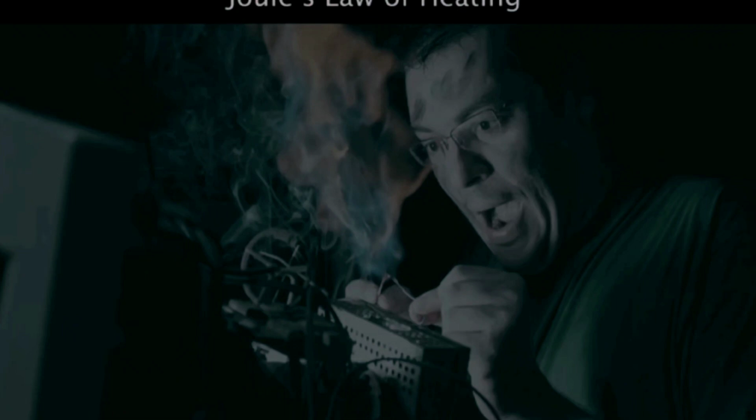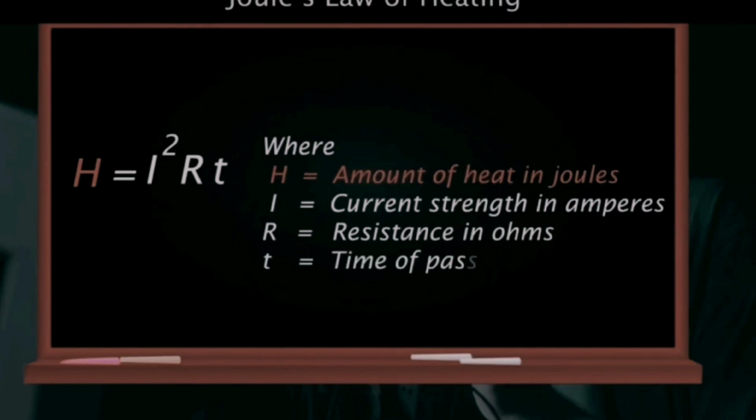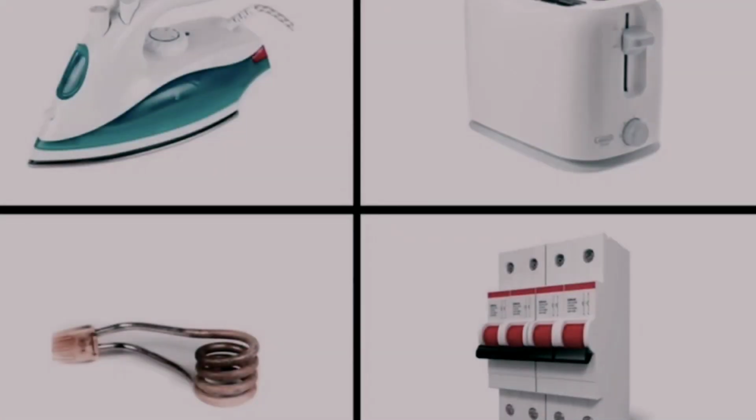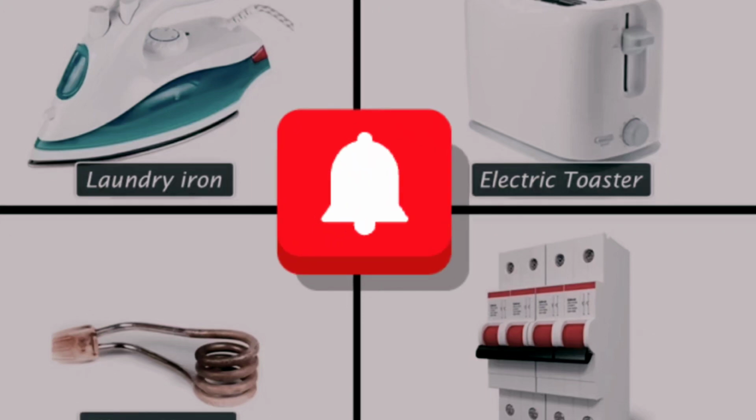Why should the heat be produced when excessive current flows? According to Joule's law, the amount of heat is directly proportional to current, resistance, and time of passage of current. We make use of this heating effect of current in the laundry iron, electric toaster, electric immersion heater, and fuses.